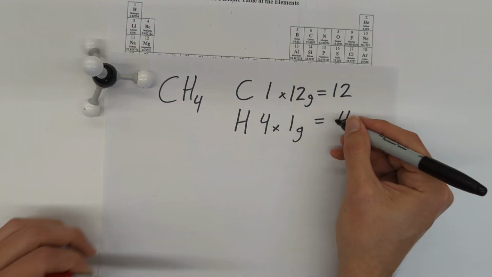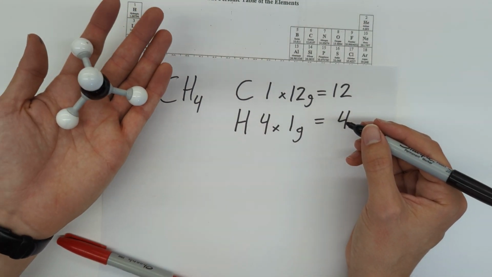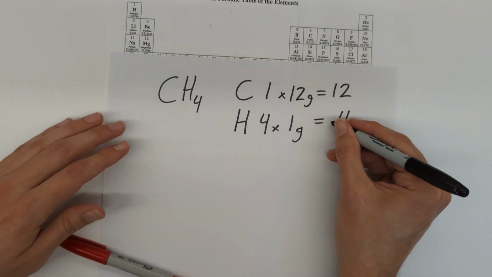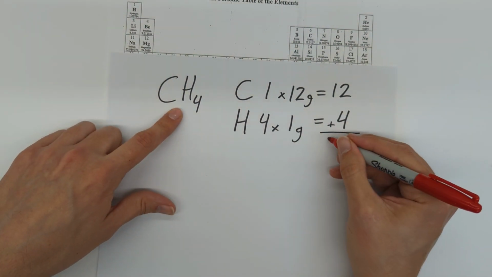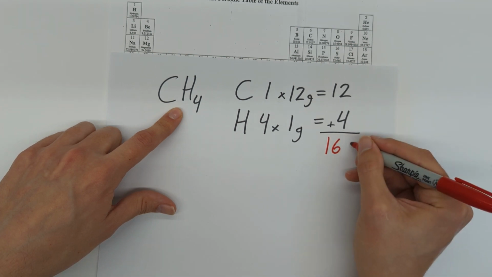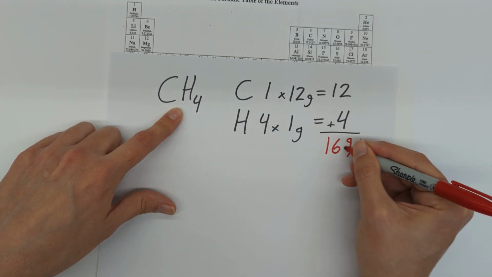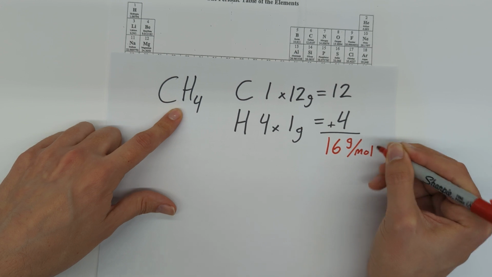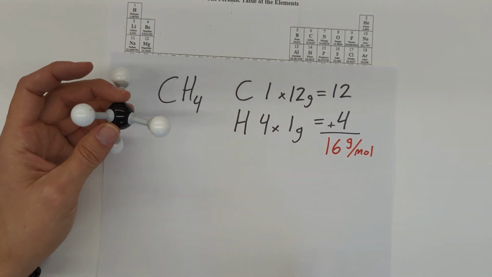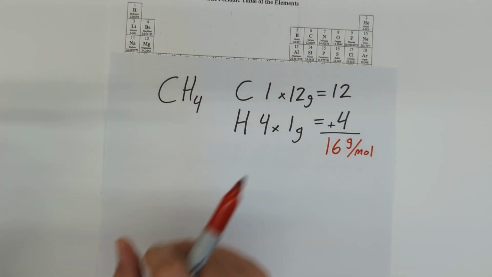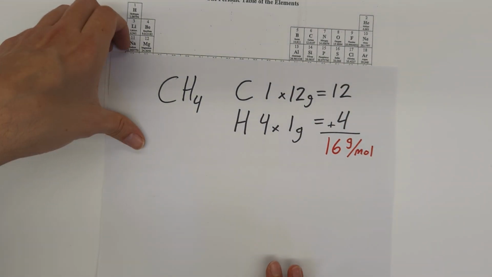And my last step, because I've got to figure out the mass of this whole molecule, I've got to add them together. And CH4 would have a molar mass of 16 grams per mole. So if I had 16 grams of CH4 or methane, that would be 1 mole of molecules.